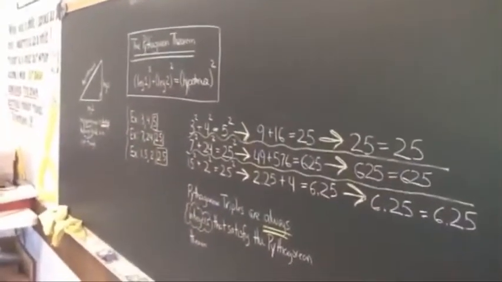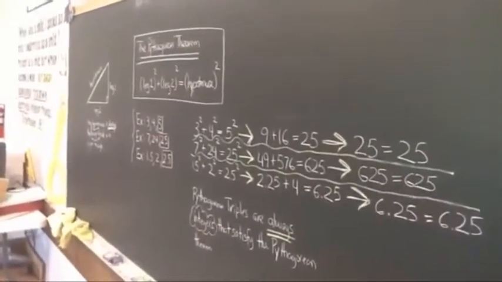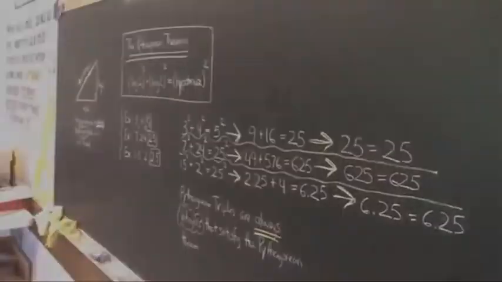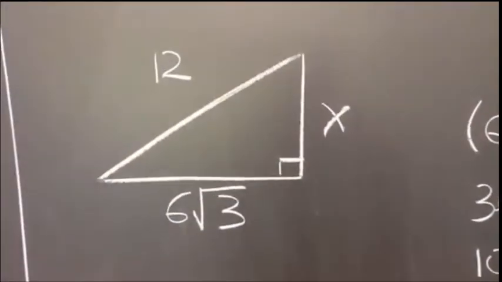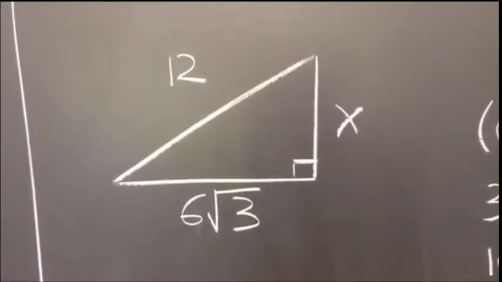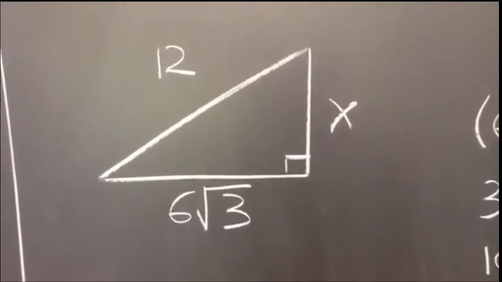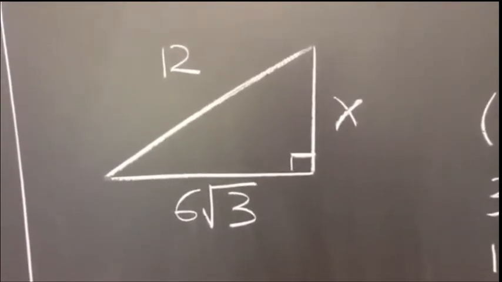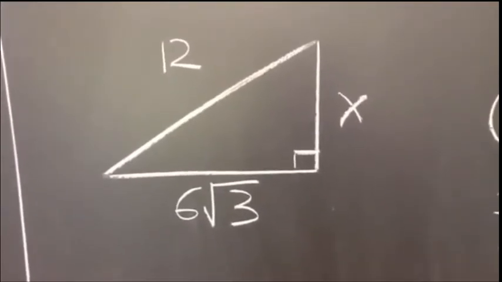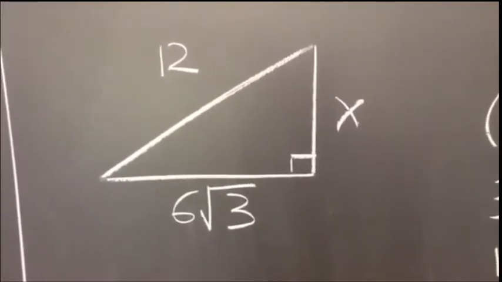Okay, well, let's talk about some very common misconceptions that students have when they work with the Pythagorean theorem. I want to talk to you about a common mistake that I see many times, and my purpose of making this video is to help you to see it ahead of time so that you don't fall into the same mistake.